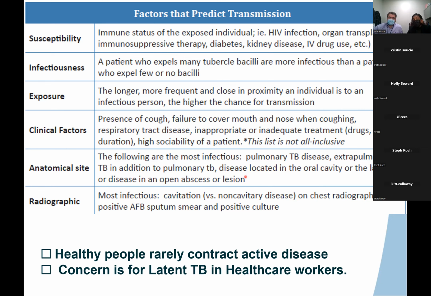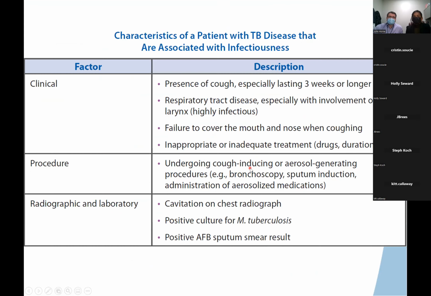So you could have tuberculosis in different areas. Thankfully, they're not as infectious because it's contained, right? They're not coughing. If it's in the kidneys, it's contained in the kidney, in the urine, so it's not as transmissible. But lungs are the most transmissible when you have tuberculosis.